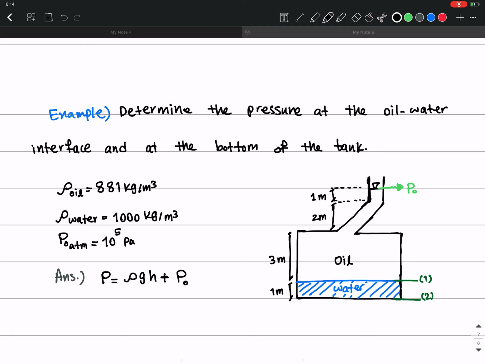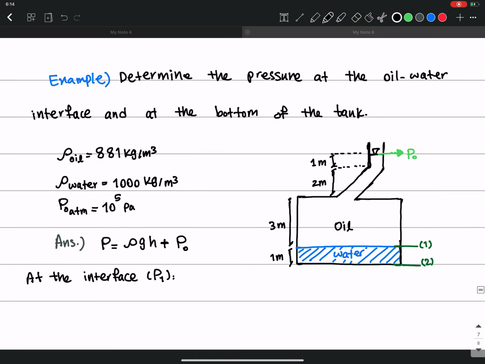Okay? So let's first start at the interface, which is going to be P1.